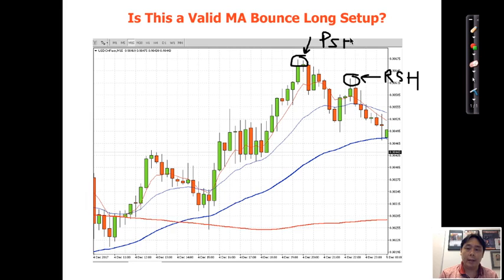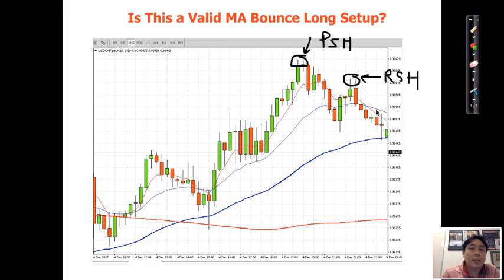So you can see that in this case, the recent swing high is below the previous swing high, which is a no-no. Remember, the recent swing high must be above the previous swing high. We want to see higher highs. In this case, we are seeing lower highs. That tells us that it's not a clear uptrend wave pattern anymore, right?